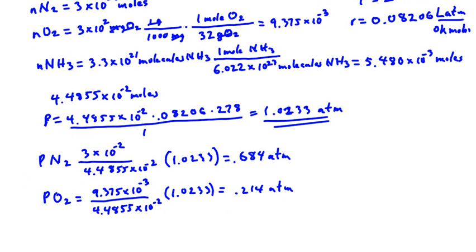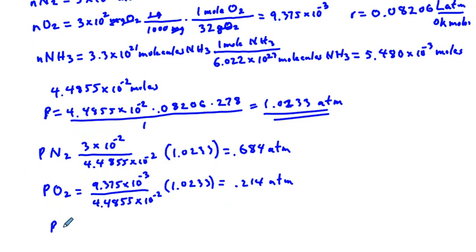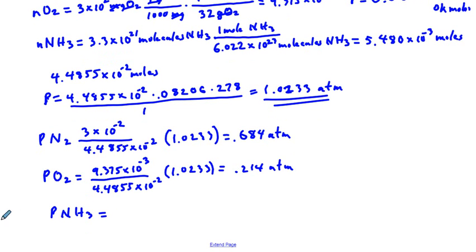And then lastly, our partial pressure of ammonia is going to be equal to our amount of ammonia, which is 5.48 times 10 to the -3 power over, again, 4.4855 times 10 to the -2 power, and again we multiply that by our total atmospheric pressure, 1.0233.